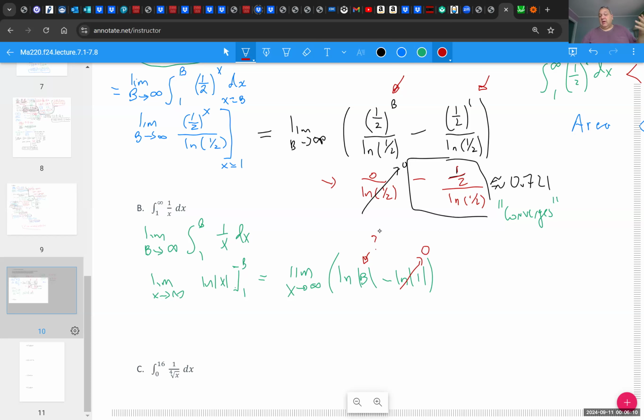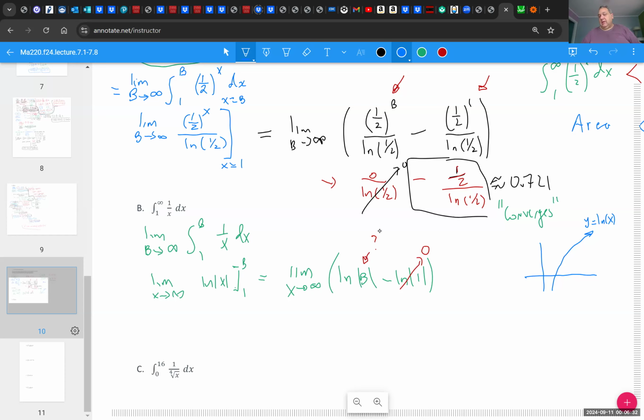Well, ln of infinity, you have to sort of go back to your pre-calculus stuff. Ln, the natural log function, like any log function, goes like this. This is what the natural log function looks like. It increases forever. So it goes up and up and up. Sort of like an exponential, but it's upside down, kind of.